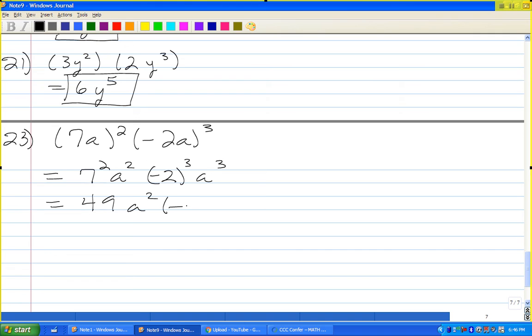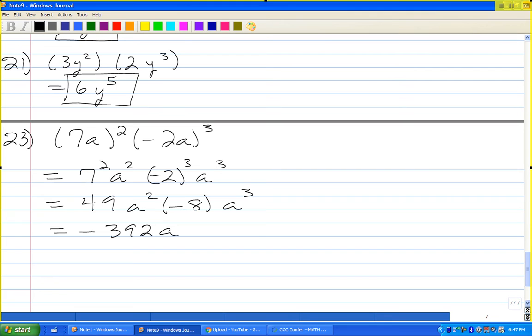Negative 2 cubed is negative 8. So let's multiply. Positive times negative is negative. 49 times 8 is 392.